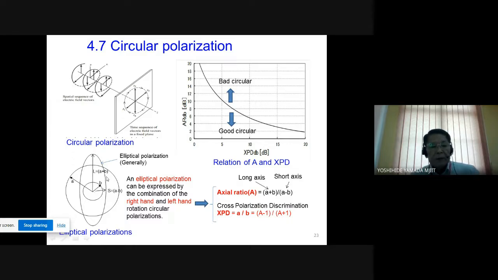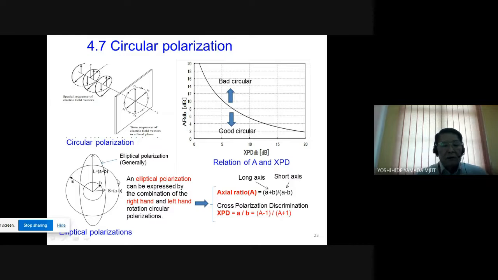So this elliptical polarization can be expressed by the combination of right hand and left hand rotation circular polarization. This polarization and this polarization.